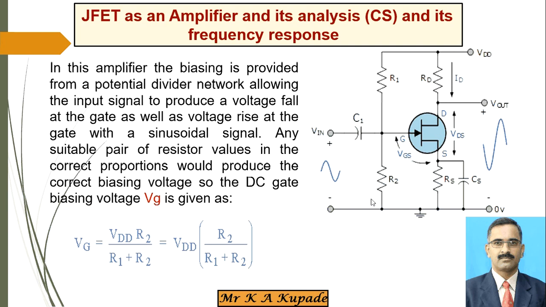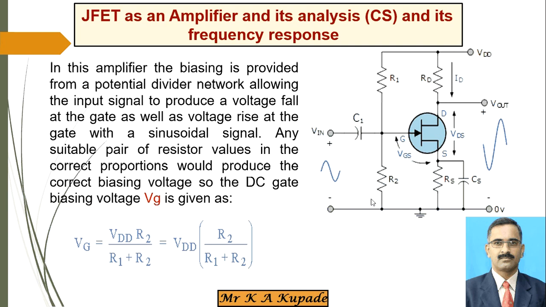Here, the resistors connected as a potential divider network at the gate terminal produce the DC voltage, so that the gate biasing is done.